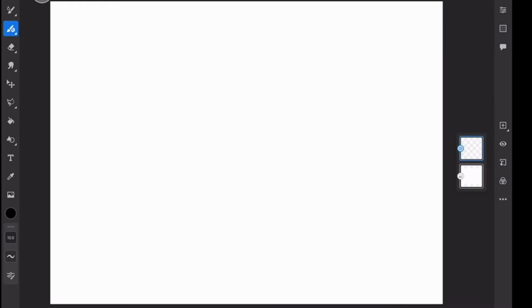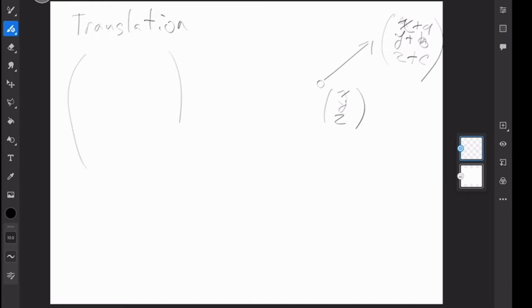Okay, so the next thing we want to do is handle translation. The idea is we pick up a point, x, y, z, and we translate it by some amount so that it goes to x plus a, y plus b, we'll say, and z plus c. Awesome. Okay, so we'll use the same sort of technique here, so we'll build our matrix.